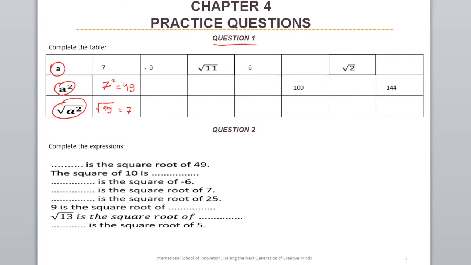Negative 3, when you square it, will be 9, and radical 9 is equal to 3. And of course we couldn't write radical negative 3 squared like this and get 3 or negative 3, it's wrong. Just write radical 9 equal to 3.